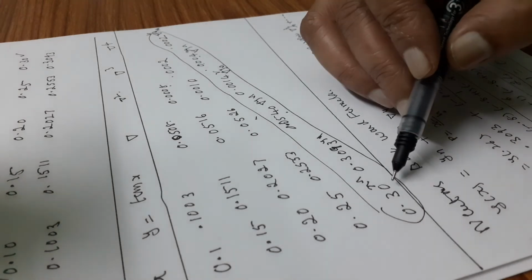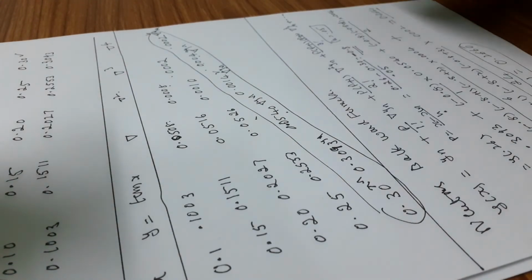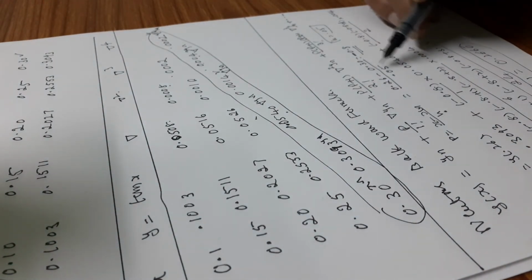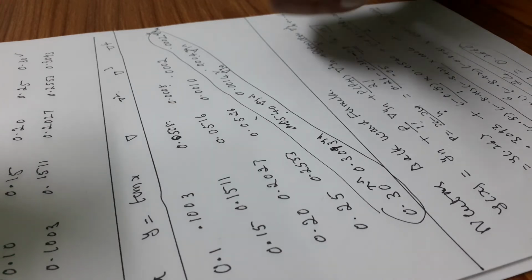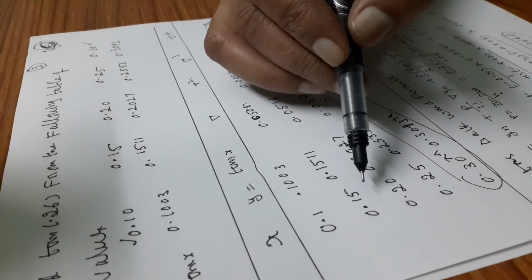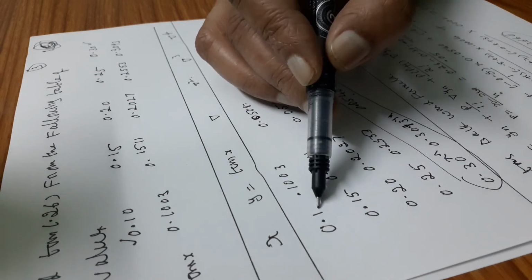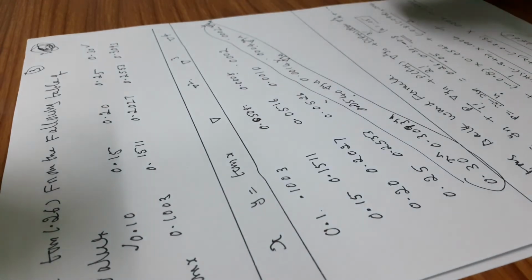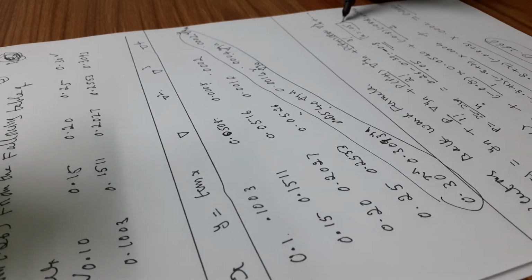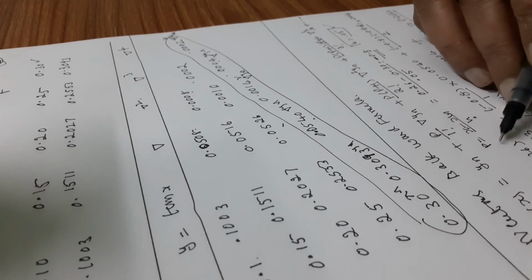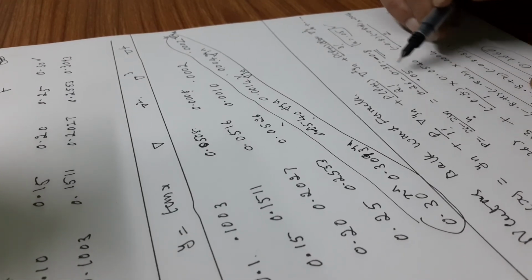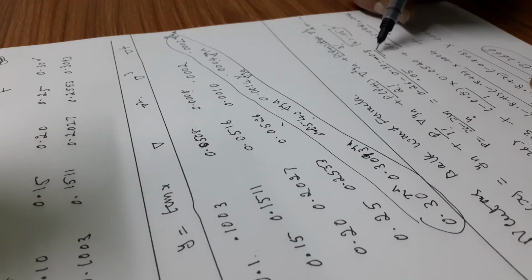Next, xn, last value under x, 0.3, divided by h, very important. Difference between two x values, 0.15 minus 0.1, successive x values is 0.05. So h is 0.05. P I have calculated, x minus xn by h, we get minus 0.8.